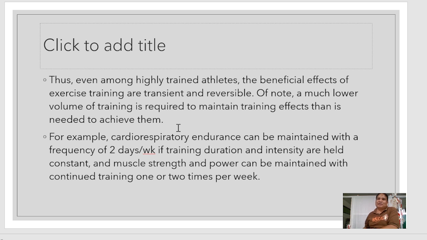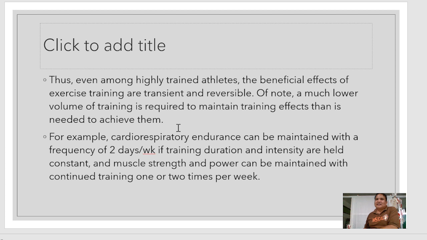Cardiac and pulmonary problem. Thus, even among highly trained athletes, the beneficial effects of exercise training are transient and reversible. Of note, a much lower volume of training is required to maintain training effects than is needed to achieve them.